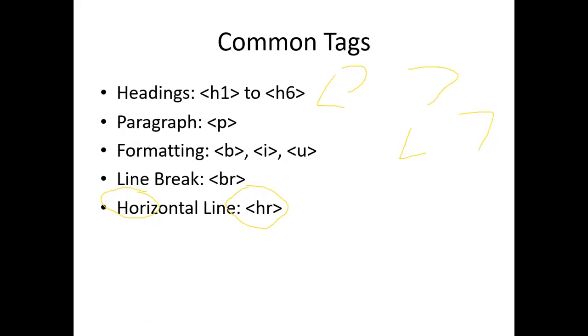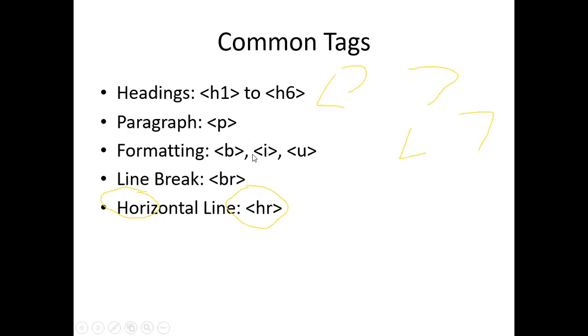Then we have common tags. For headings, we can use h1 to h6. To write a paragraph, you can use the paragraph tag, and B, I, U are the formatting tags.